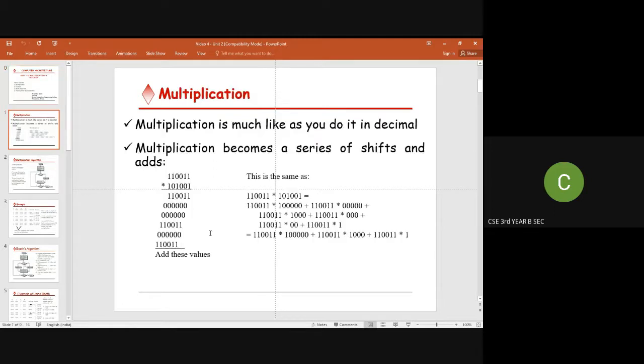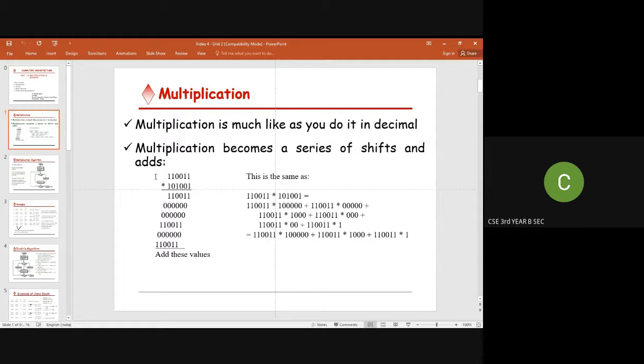First one, multiplication. Multiplication is done just like our traditional decimal multiplication. For example, 45 into 156 is multiplied. How we multiply decimal numbers is the same way we do it with binary numbers.